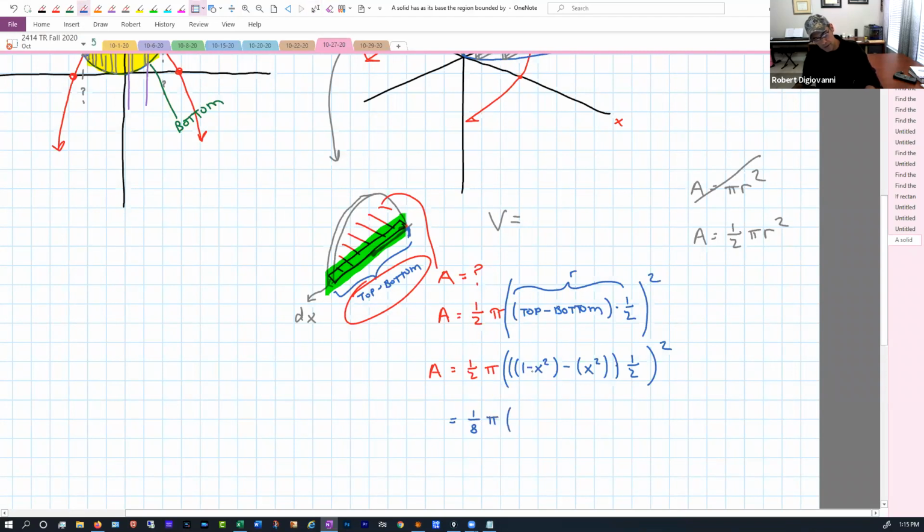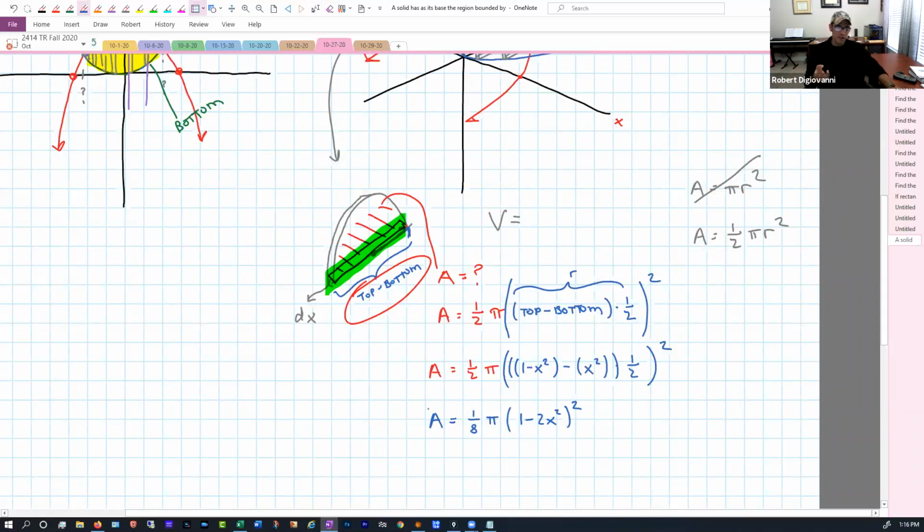And now inside, let me just get rid of the parentheses. I get 1 minus 2x squared, all of that still squared. All I did was drop the parentheses and collect like terms. So that is the area of one of those semicircles.